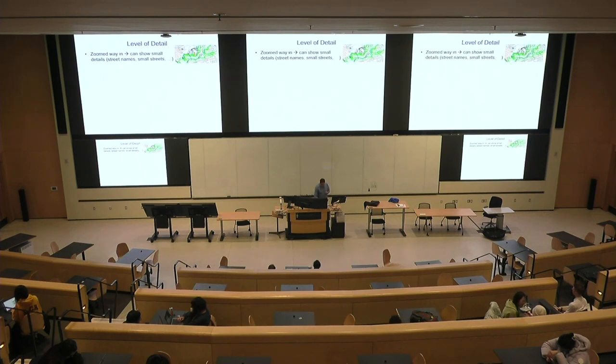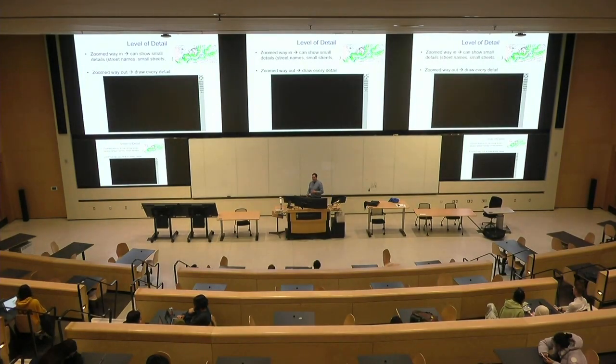So if you're zoomed way in, you can see a lot of detail. You can see small streets, you can display street names and so on. But if you zoomed way out and you draw every detail, first it'll tend to be slow, but also it's going to tend to be a mess.